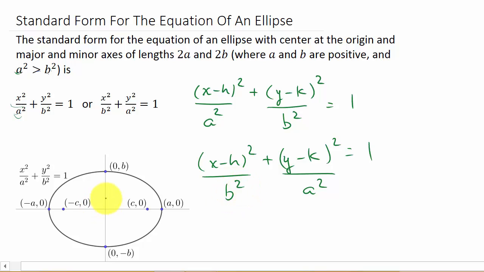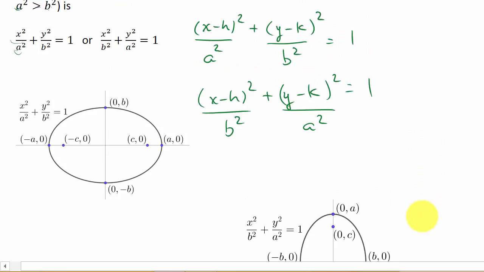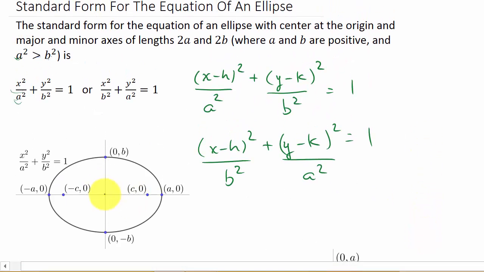Now the graph is going to be the same as far as the major axis being horizontal, which would be this one, and the major axis being vertical, which would be this one. Okay, the difference is the center is not going to be at 0, 0. The center is going to be h, k. Okay, this is your center. All right, and other than that, everything works the same.